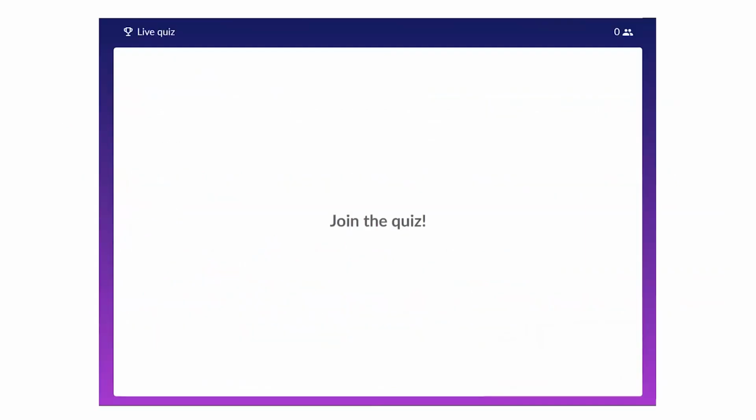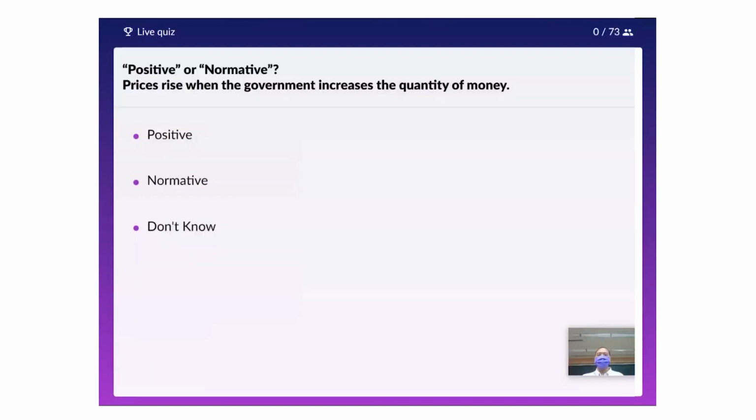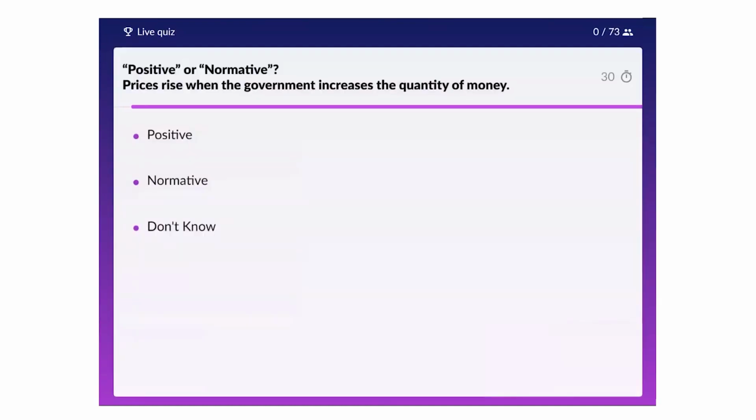Now let's go through the quiz. So here we have the quiz. Great. Please get ready. Positive or normative? Prices rise when the government increases the quantity of money. Positive, normative, or don't know? We have 30 seconds for this, so you can take your time.